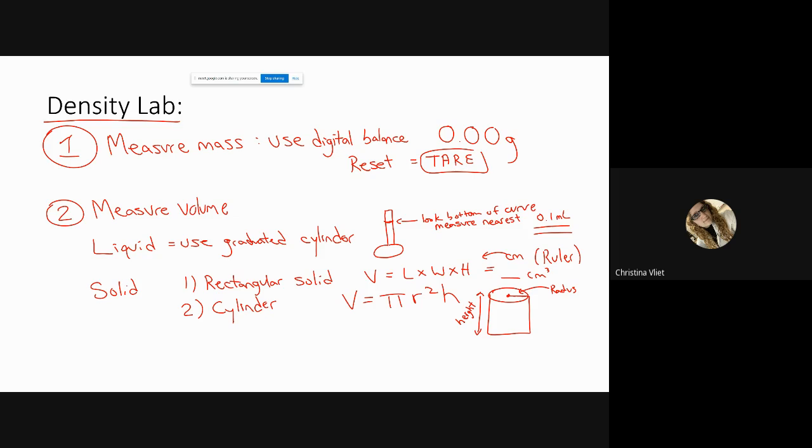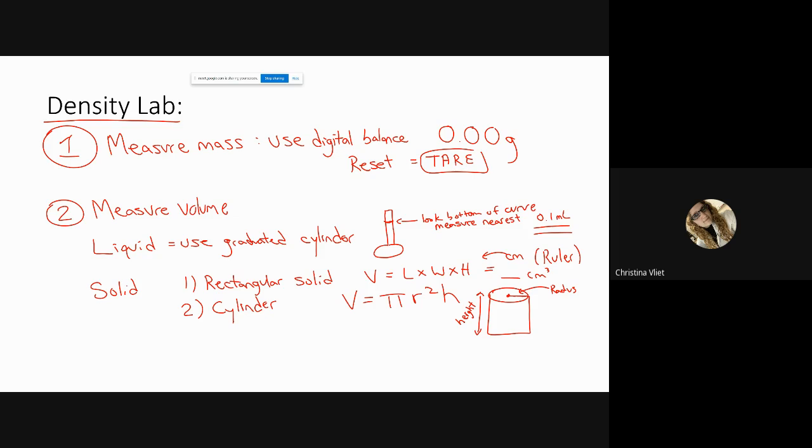You're actually going to do it. You're going to take these measurements and measure the volume of the cylinder. If this is centimeters, and this is centimeters, and this is centimeters, what's your unit for volume again? Centimeters cubed, because it's going to be centimeters squared times another centimeter. So it's going to be centimeters cubed again.